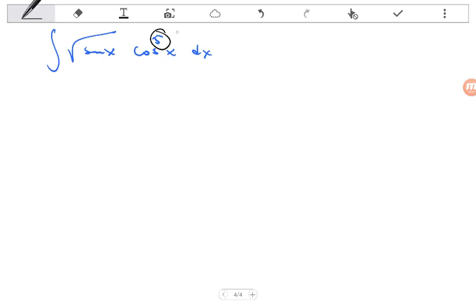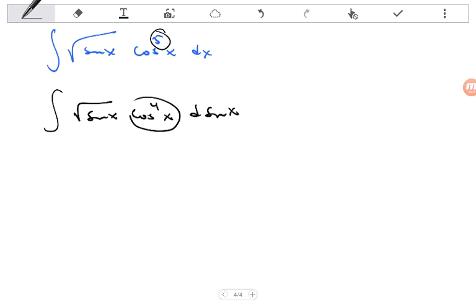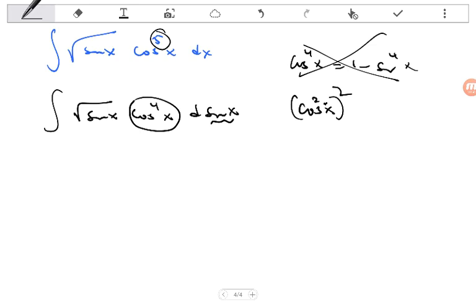Whenever I find an odd power, I take one of them after the d. So now this will be root sine x cosine power 4x d sine x. I just need to express cosine power 4 in terms of sine x. How should I express it? Is it 1 minus sine power 4x? No, I just have to express it as cosine squared, all squared.